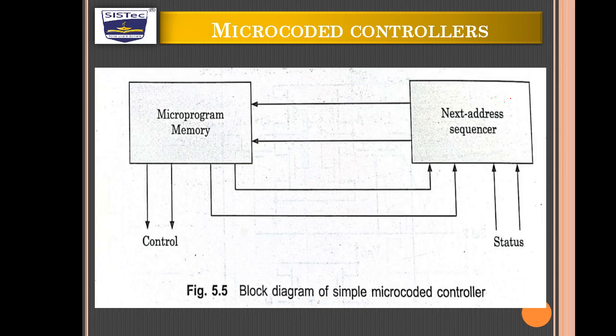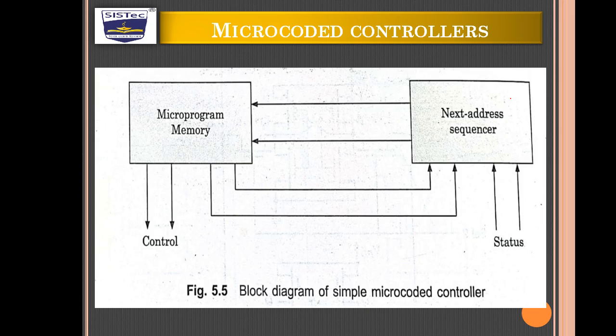If status inputs are provided, the next address sequencer can modify the address of the next instruction depending on the condition presented by the status inputs. Basically this provides a conditional branching capability.